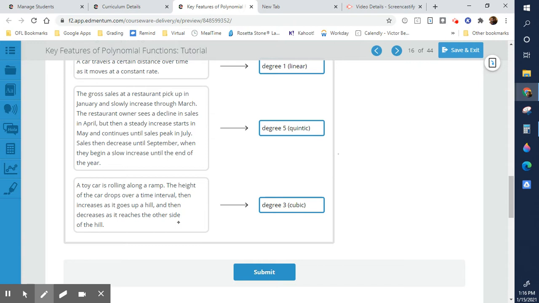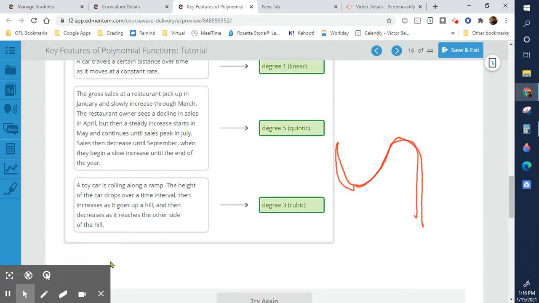A car is rolling along a ramp. The height of the ramp drops over time, then increases as the hill goes up. So I'm guessing it's going like this, and like this, making it 1 curve, 2 curves, 3 curves.